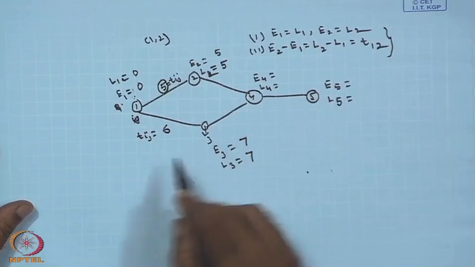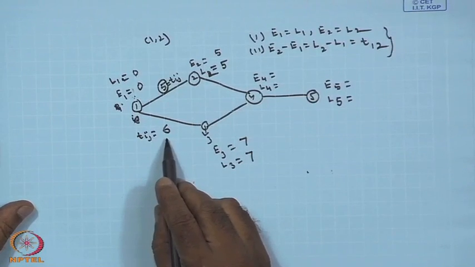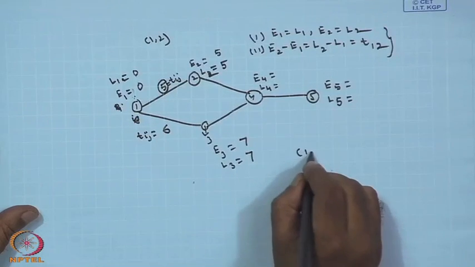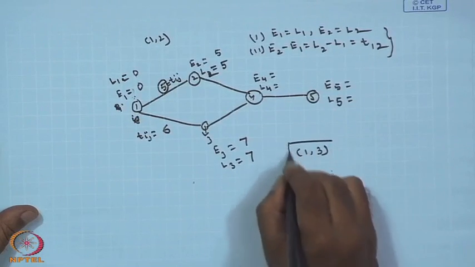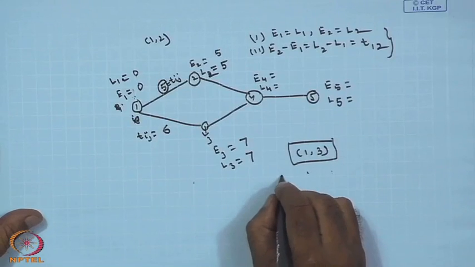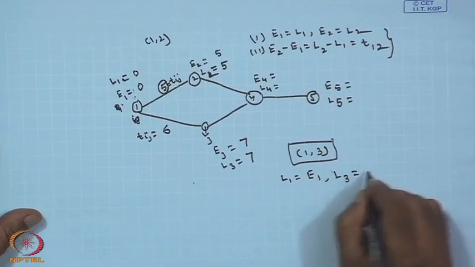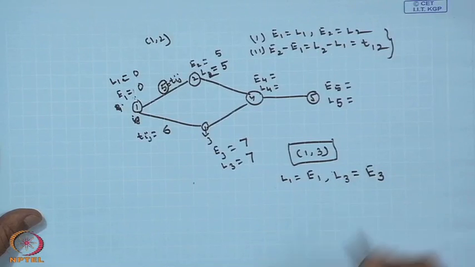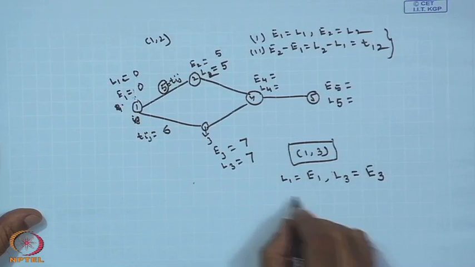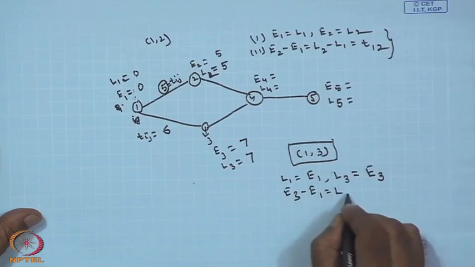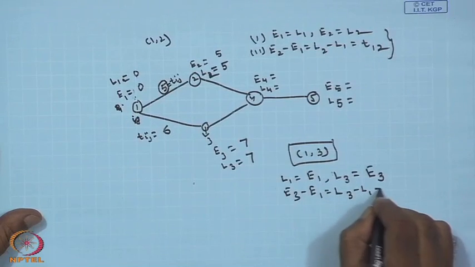Then here, you see Tij equals 6. For activity 1 3, please check: L1 equals E1, this is valid; L3 equals E3, this is valid; and E3 minus E1 equals L3 minus L1, this is also valid.